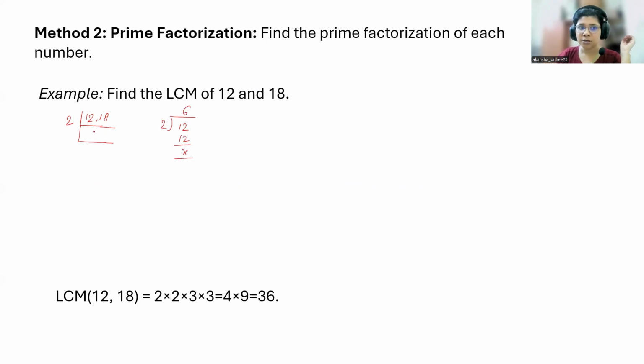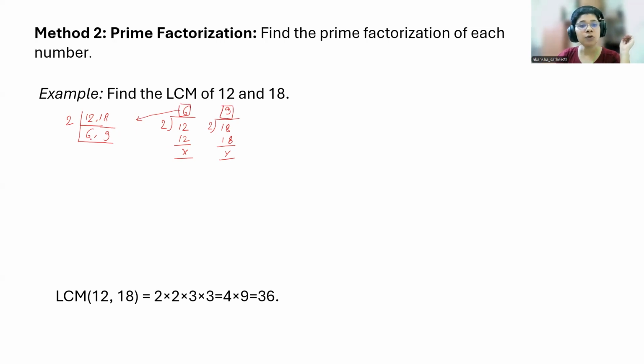So you will write 6 over here. Similarly, divide 18 by 2, and 9 times 2 is 18. So you will write 9 over here. This you have to write in the second line, so 6 and 9.